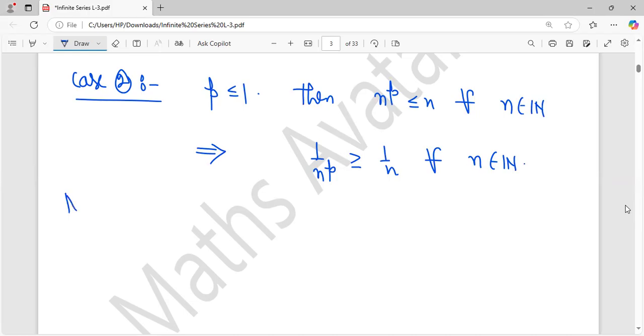Now, summation n goes from 1 to infinity of 1 upon n to the power p. What is this?